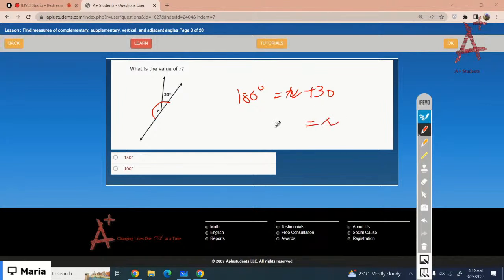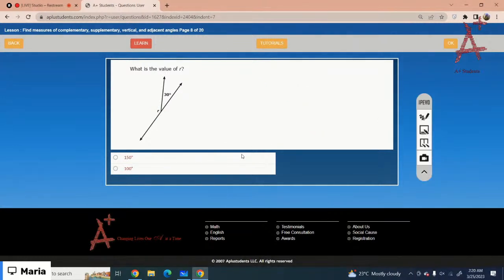Just subtract 30 from the other side, 180 minus 30 equals 150. So angle R is 150 degrees. Just select the correct option and then click on the OK button.